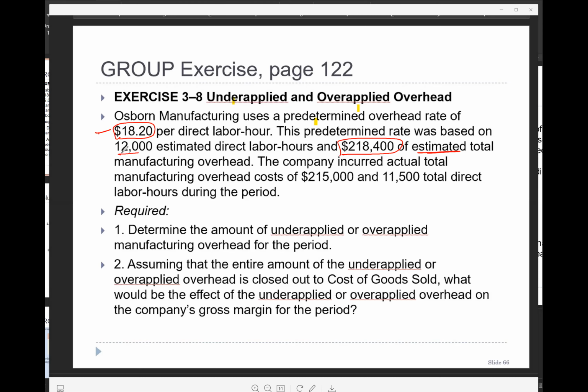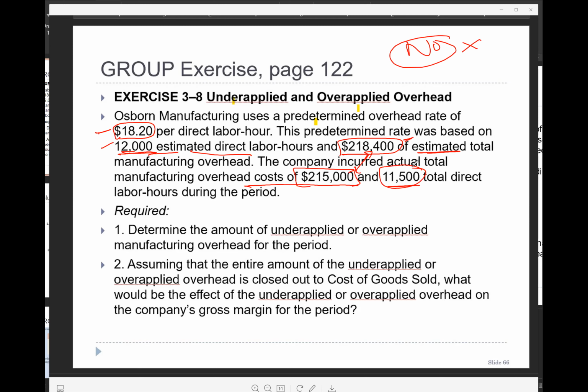The actual cost is 215,000 based on 11,500. So can you compare these costs with this cost? Answer is no. Why? Because this cost is based on 12,000 and 215,000 is based on 11,500.